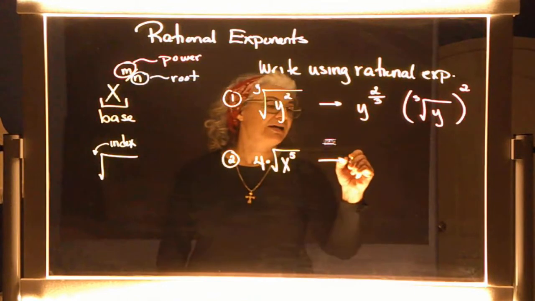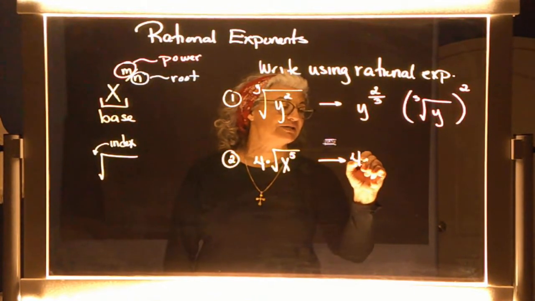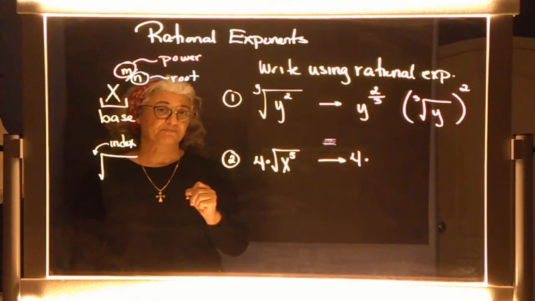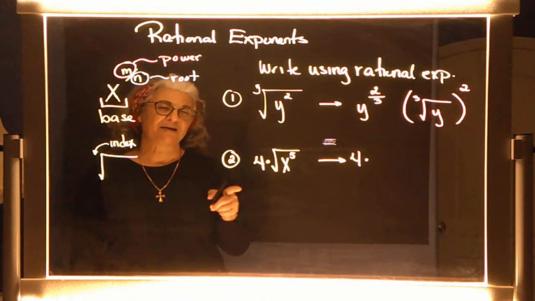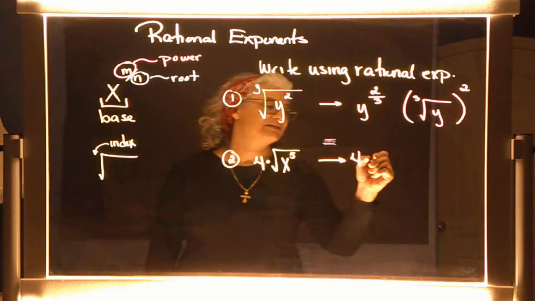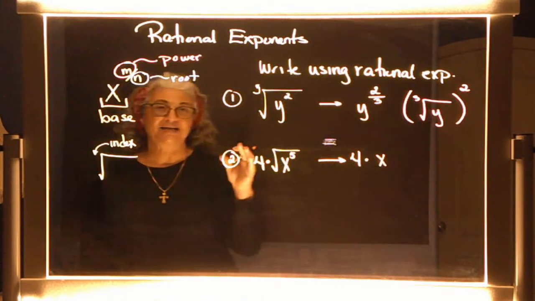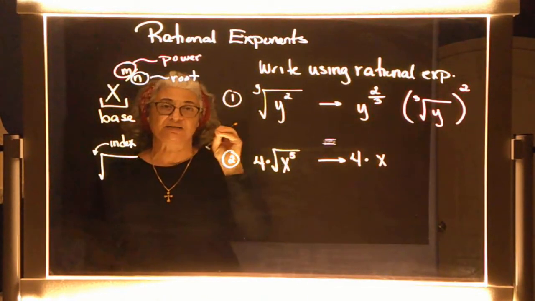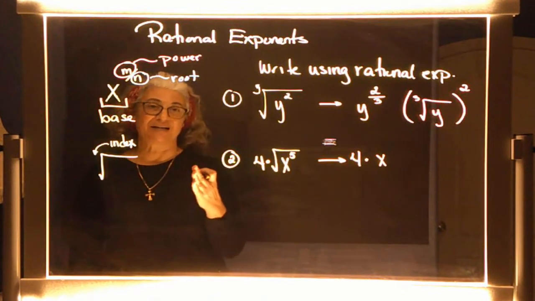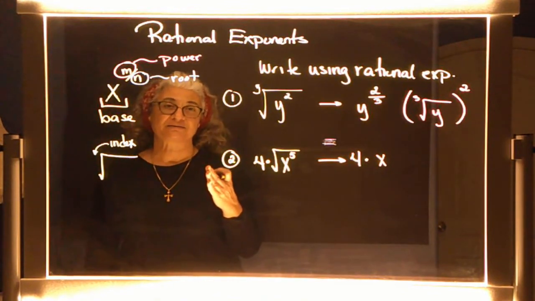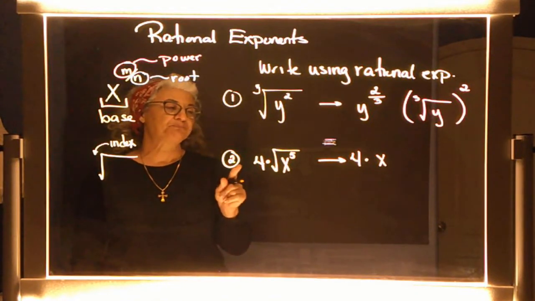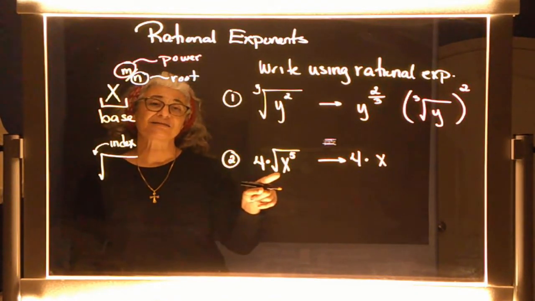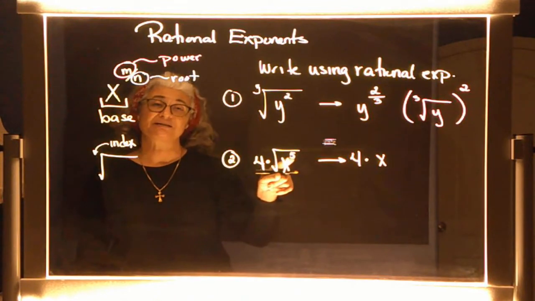So I'm going to have 4 times something, aren't I? Now, what's my base? Yeah, the base is the x, because the x is the one that has the power and the root around it. The 4 is outside. It's not your base.